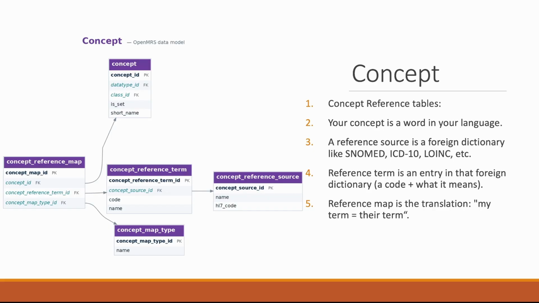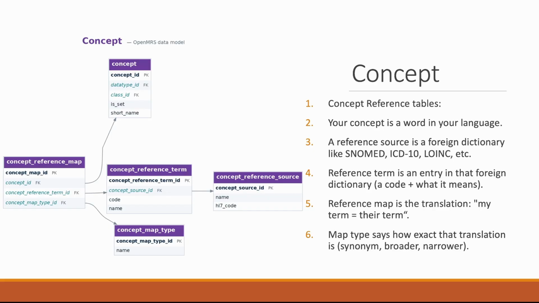In SNOMED, the word positive is called positive. So I'm going to map these two terms together. In my system, I'll define, okay, what I'm saying positive means exactly as positive in SNOMED dictionary. That's literally what reference mapping is.